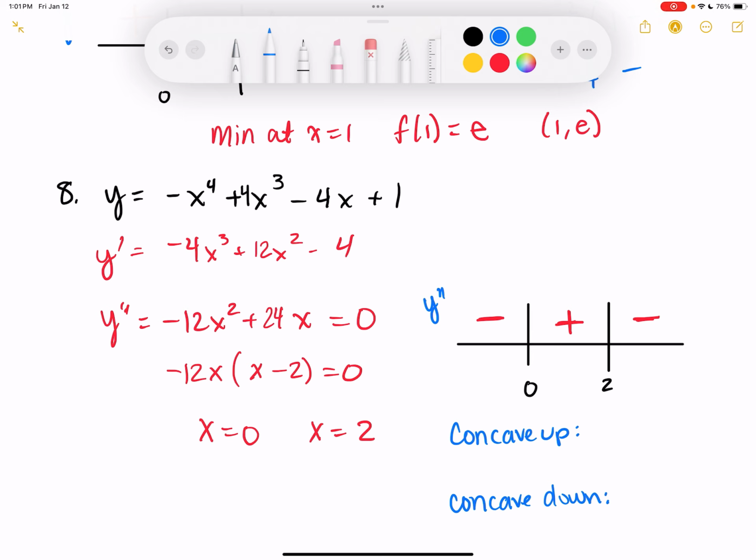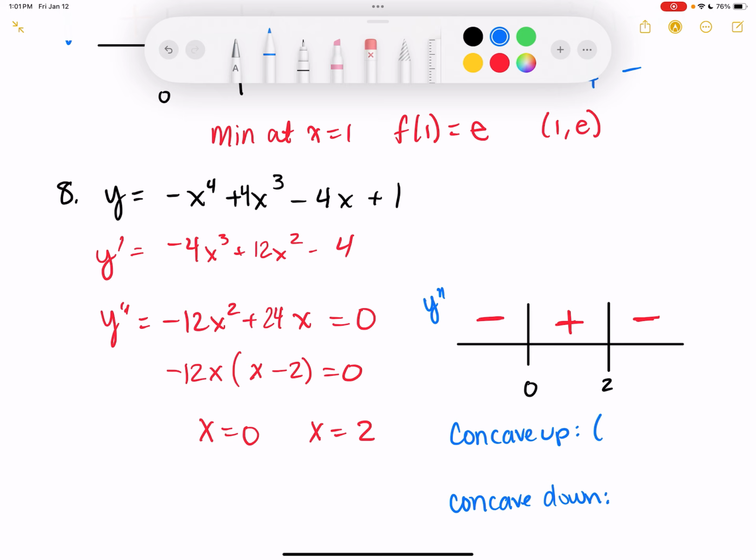Concave up on any interval where y double prime is greater than 0. So if that value is positive, then it is concave up.